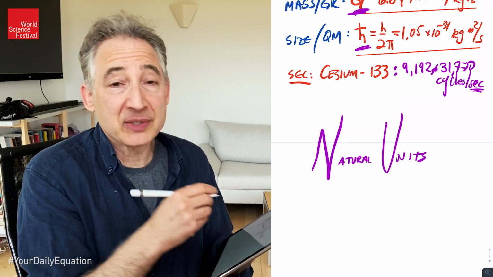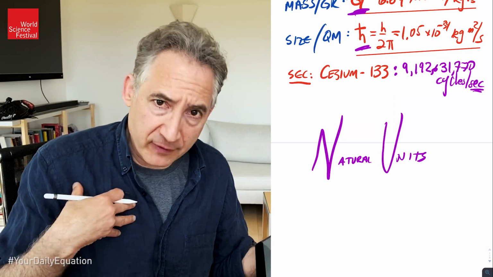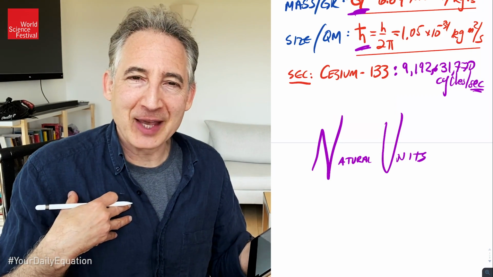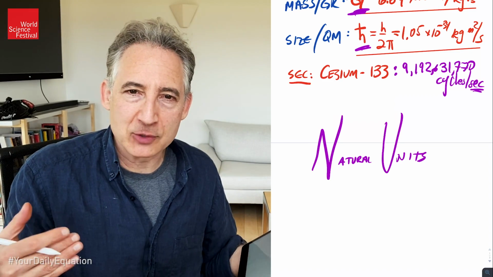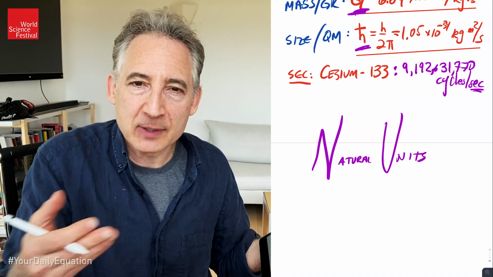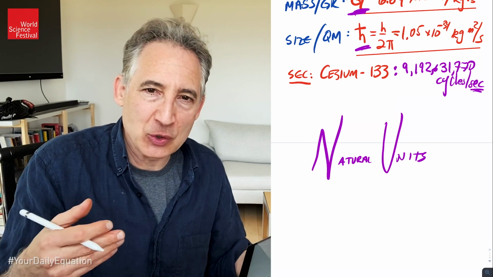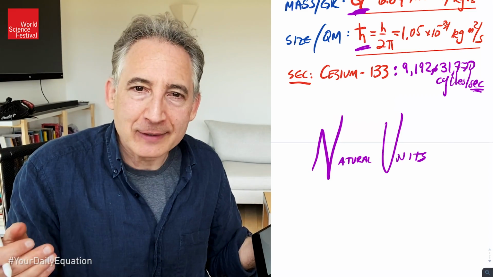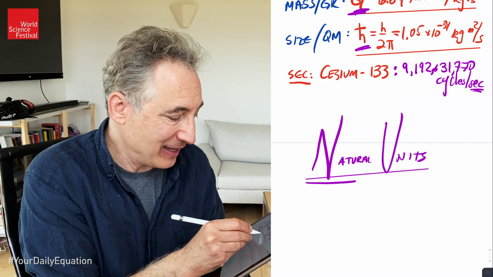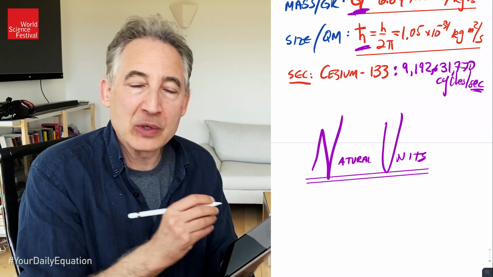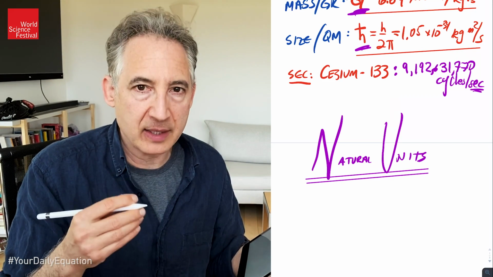And I will express these natural units in terms of the familiar everyday units so that we have an understanding of how big the natural length scale is, or how massive the fundamental mass scale is, or how short in duration the fundamental time scale is. But the units themselves are going to come from the fundamental constants themselves.